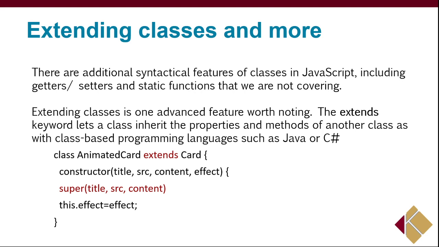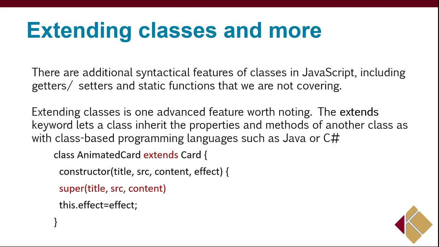So the super keyword here means take these things from the one that we are extending. So we're taking the title, source, and content objects from that card, and then in this case set the effect to this new thing called effect, right? So you use the extends keyword and then the super to pull in what you want to use.